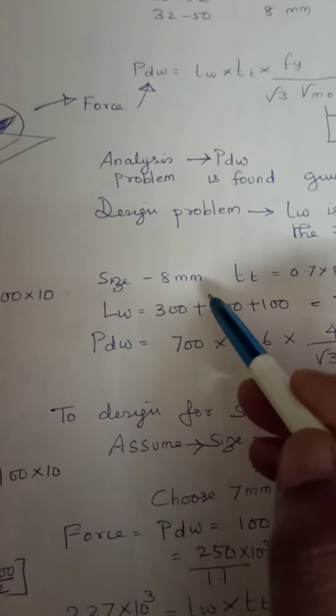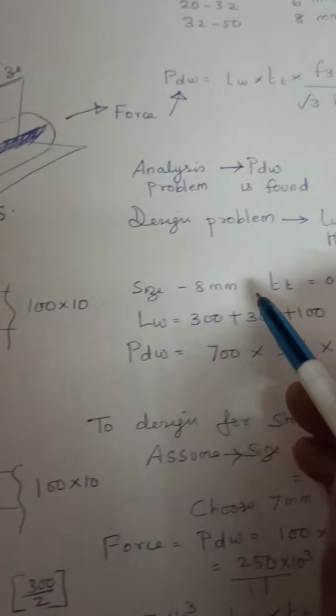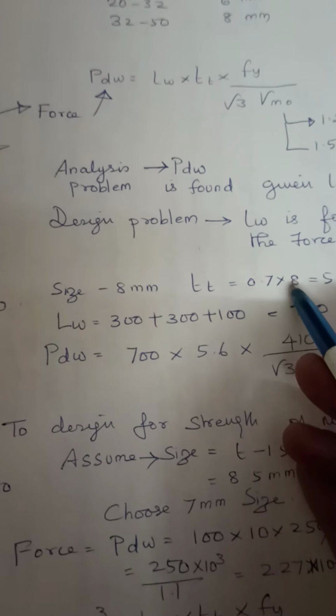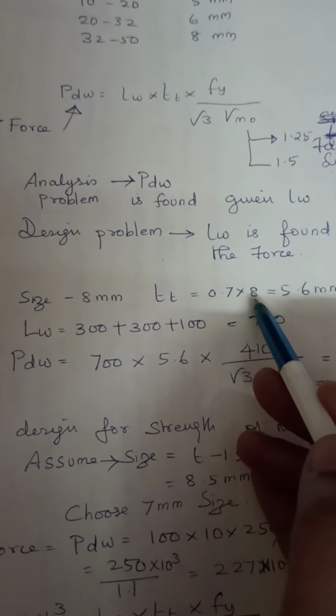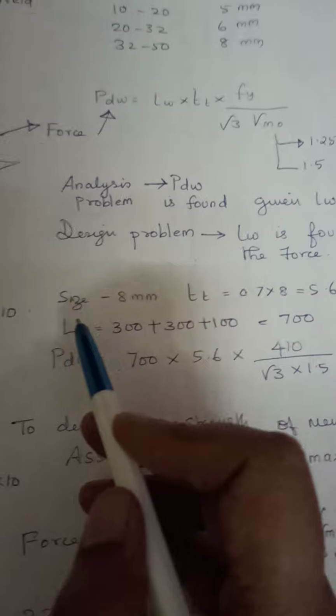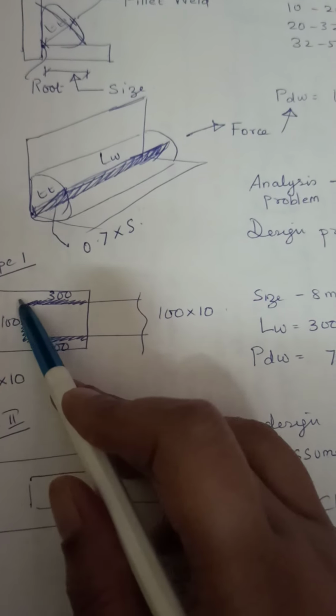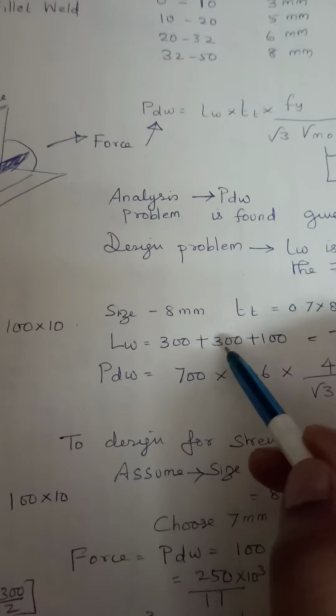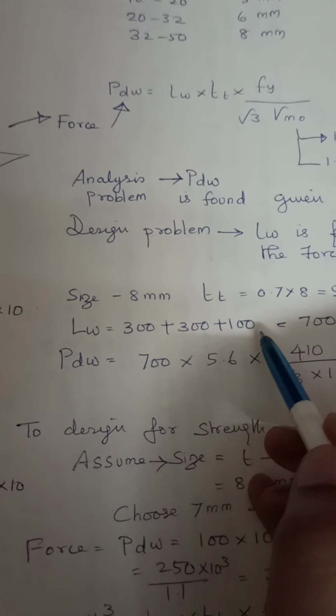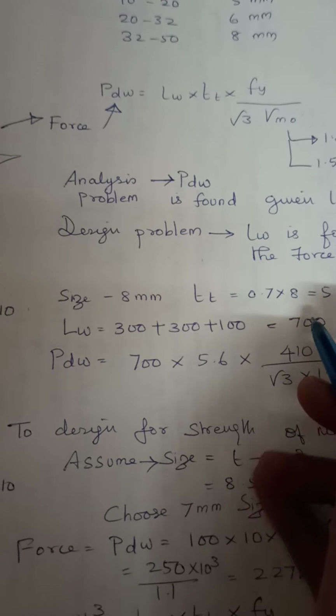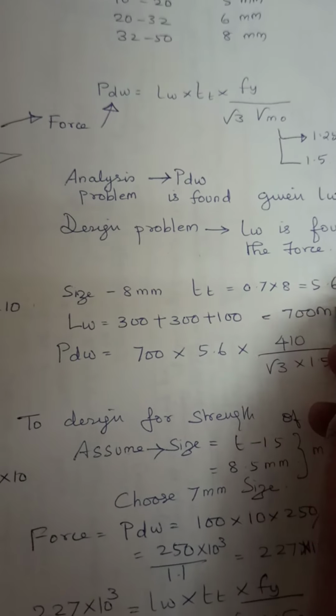When the size of the weld is mentioned in the problem as 8 mm, we can find the throat thickness as 0.7 into 8, that is 5.6 mm, and add all the lengths of the weld given here. When you add all lengths, 300 plus 300 plus 100, it comes to around 700 mm.